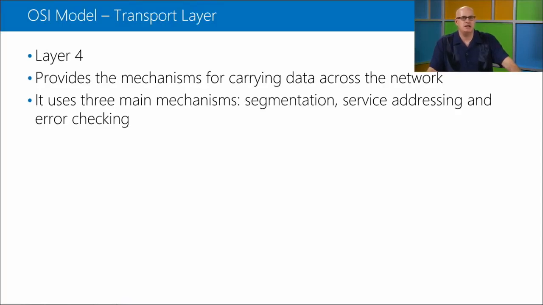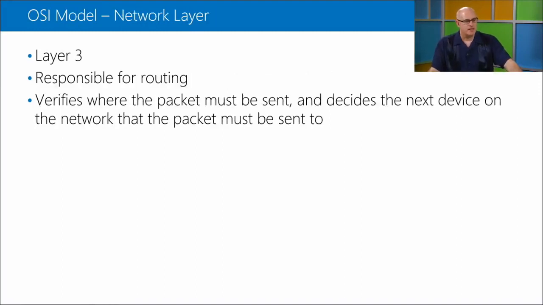Uses 3 main mechanisms: segmentation, so the breaking apart of messages; service addressing, so ensuring that the address on one side is speaking to the appropriate address on the other side; and then error checking, ensuring that the packet traverses the network without errors being introduced. Layer 3, network layer, is responsible for routing, so transferring across networking segments.